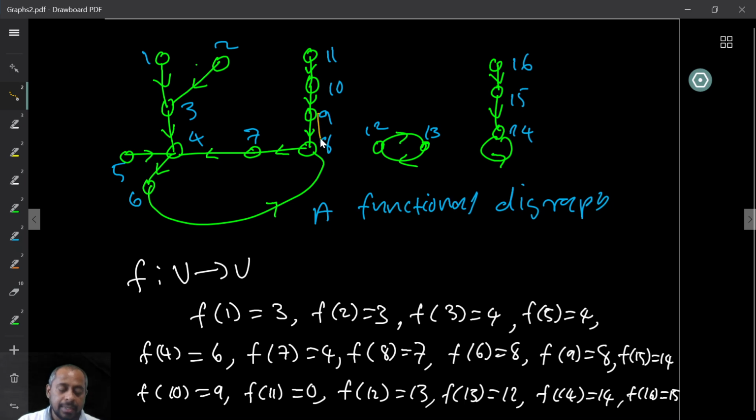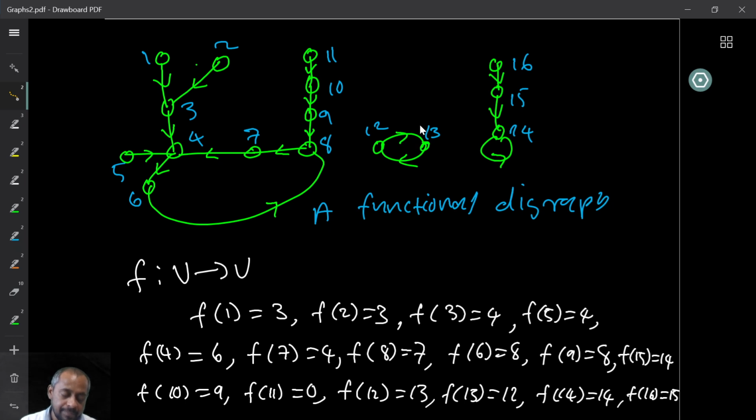Now, this you can verify. It's true for every vertex. Every vertex has exactly one outgoing edge. Now, if we have such a digraph, then we can associate a function from the vertex set V to itself by defining the outgoing arrow as the function, taking the starting vertex to the ending vertex.